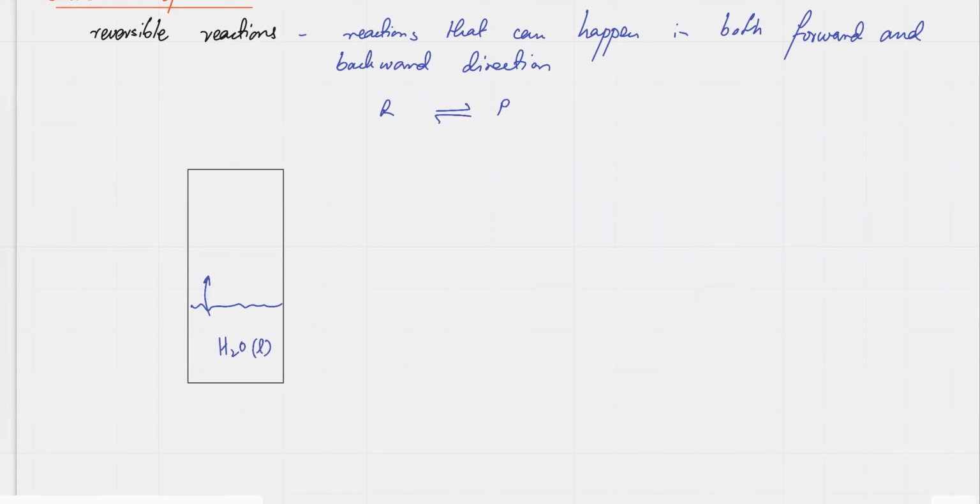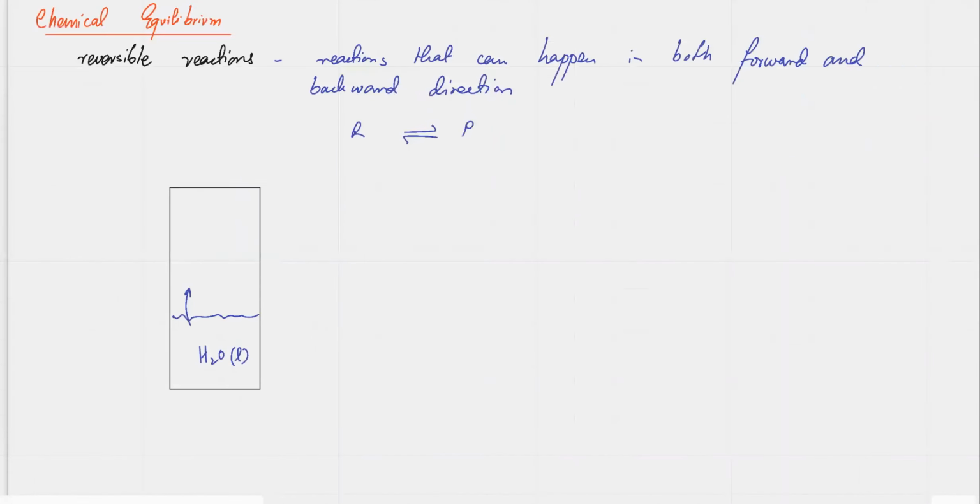It will form all these tiny water vapors, lots of them. But the reverse reaction would also be happening: these water vapors, which are H2O gas molecules, would be condensing back.